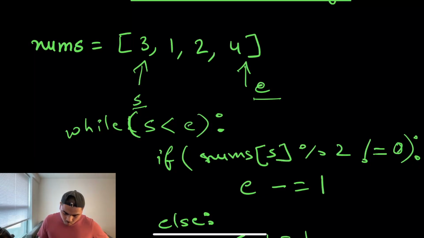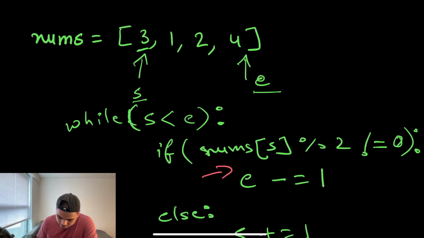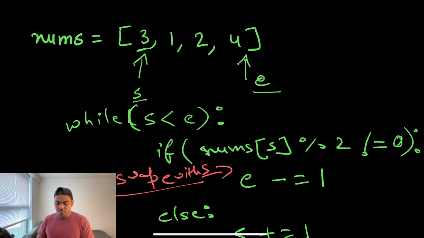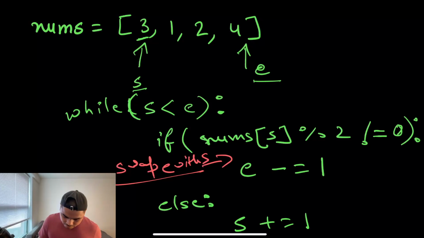If this was odd, we swap these values, and after swapping, we decrement e. So what will happen is these 2, 3, and 4 will be swapped. Now it will be 4 and 3, and e will be moved over here because we are decrementing it.